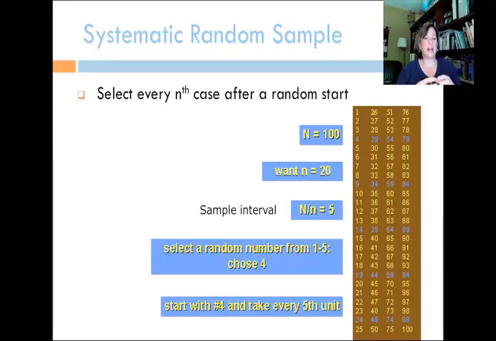What's randomly selected is a starting point. Then you select every certain case after that random start. So in that case, or that nth case, that number depends on how many people you want in your sample.